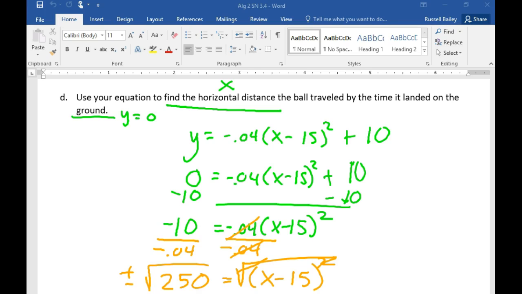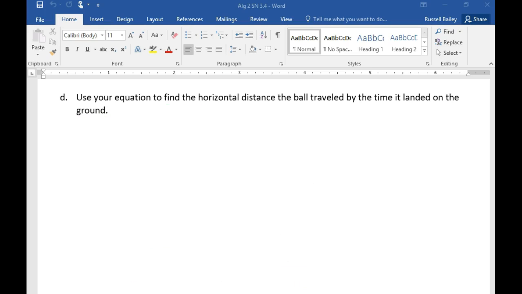All right. So let's continue here. What was the square root of 250? 15.8. Okay, thank you. So 15.8 equals x minus 15. Now I think for our word problem ones, we can just ignore the negative, because you're going to get a big number and a small number, and we just want the bigger one, so we'll just keep the positive.